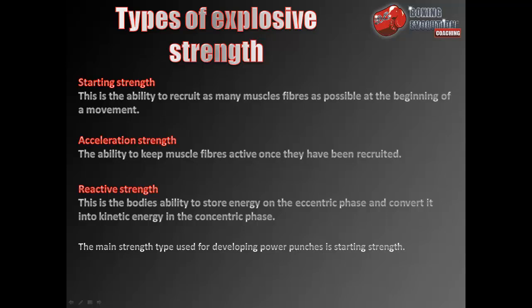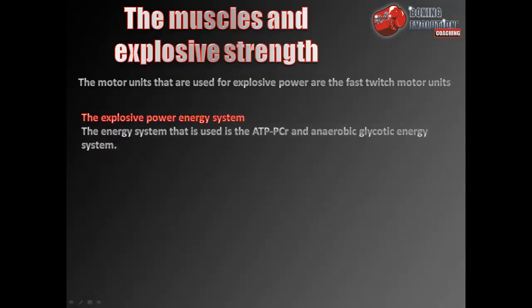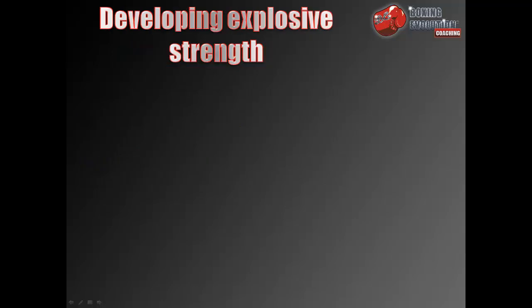The main strength type used for developing power punches is starting strength. The muscles and explosive strength. The motor units that are used for explosive power are the fast twitch motor units. The explosive power energy system. The energy system that is used is the ATP, PCR and anaerobic glycolytic energy system. Explosive strength and boxing. Explosive strength enables you to hit harder and move faster.